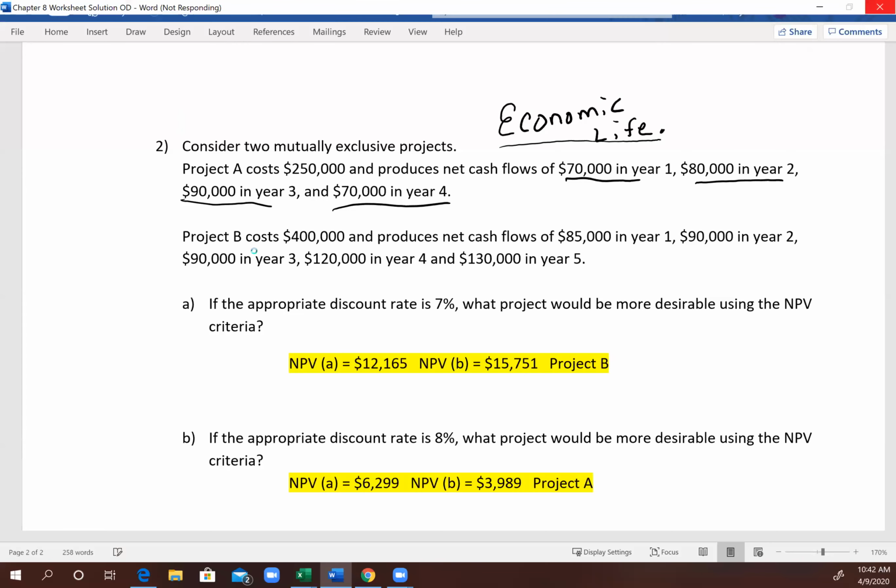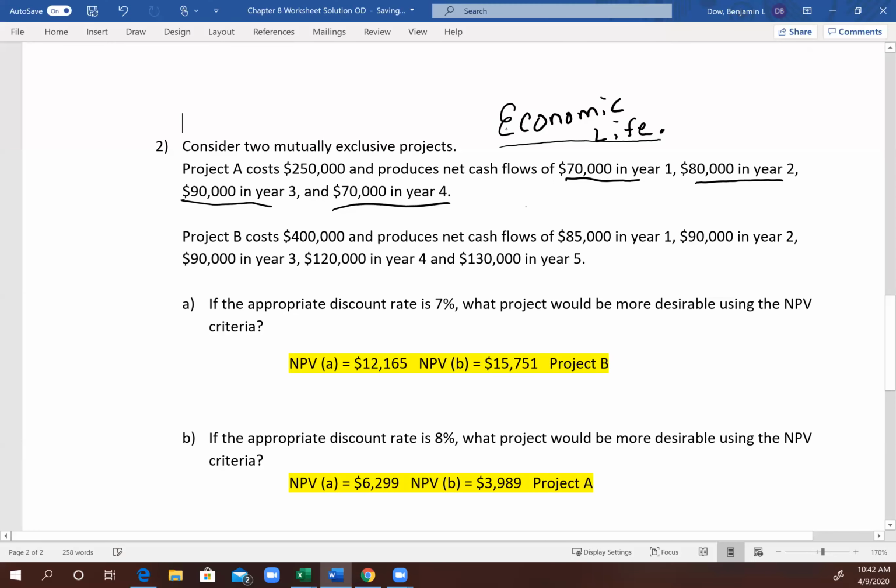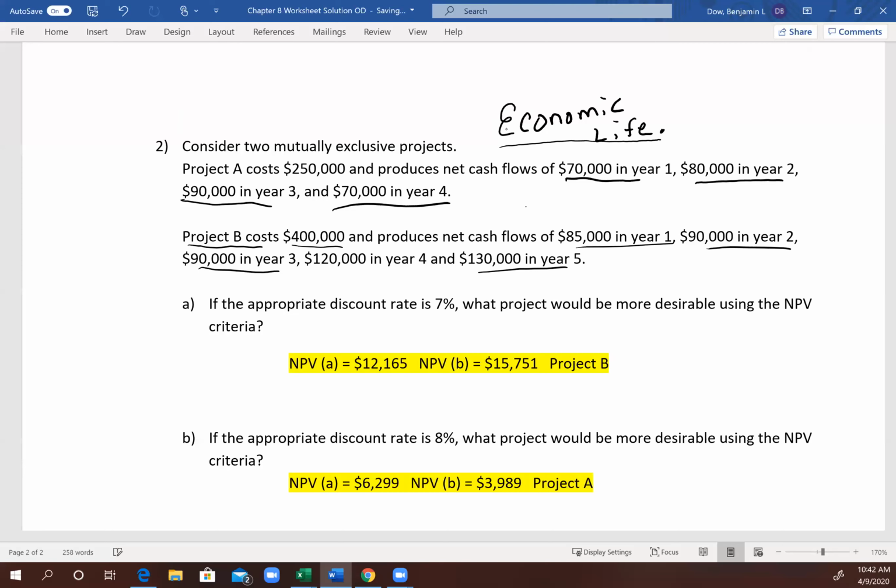Project B costs $400,000 and has an economic life of 5 years. So now we're comparing a Project A that lasts for 4 years to a Project B that lasts for 5 years.